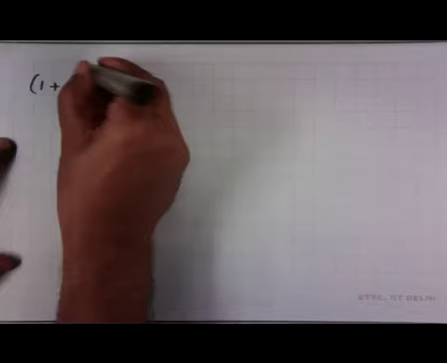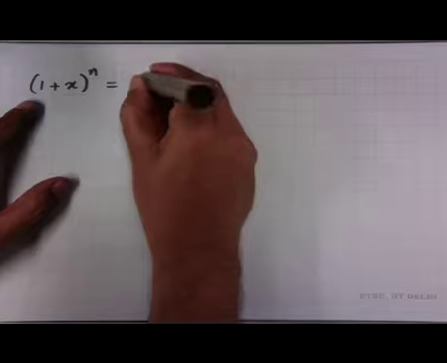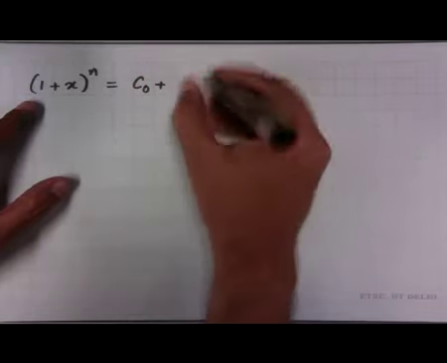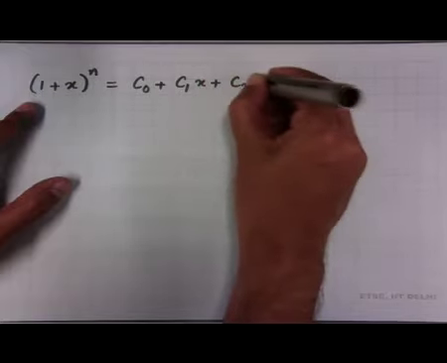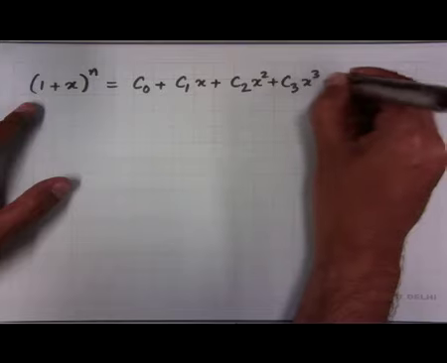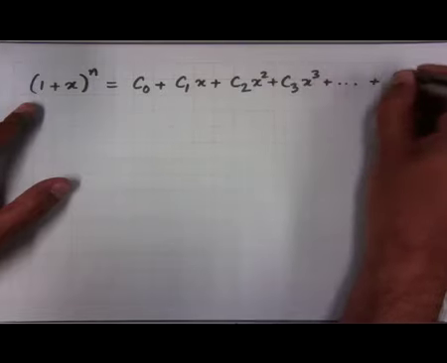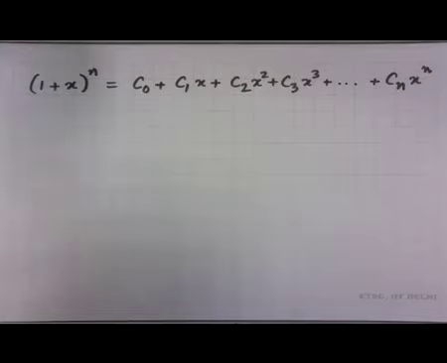So, let us try 1 plus x whole power n, and what is this equal to? This is equal to C0 plus C1 x plus C2 x squared plus C3 x cube plus dot dot dot all the way till Cn x power n. This is something that we know.